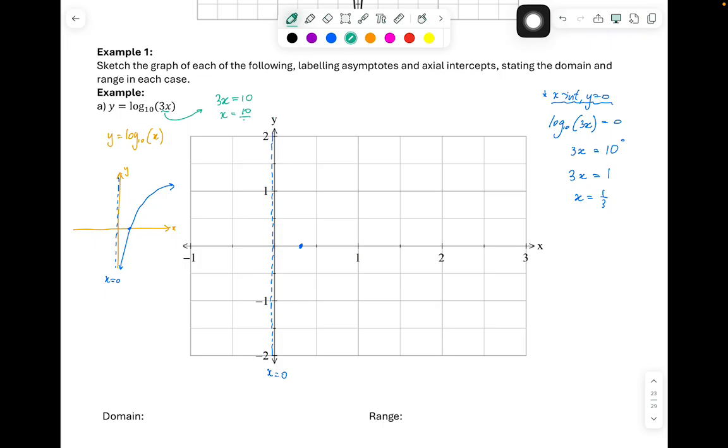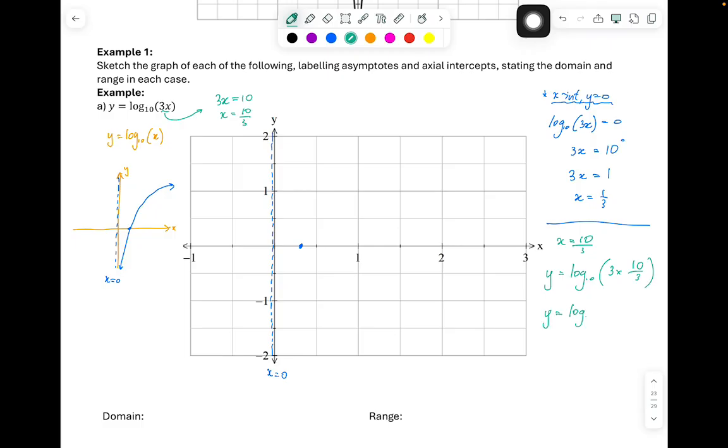So if we make x equal to 10/3, now let's reverse engineer this. If we make x equal to 10/3, our y value is going to be log base 10 of 3 times x, but our x is 10/3.